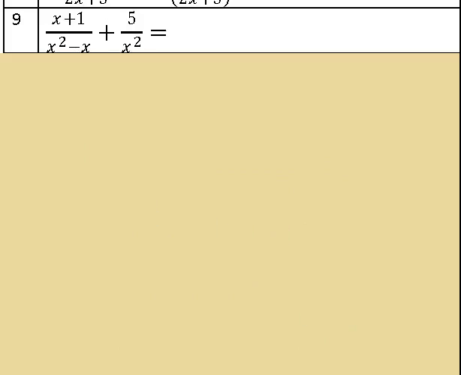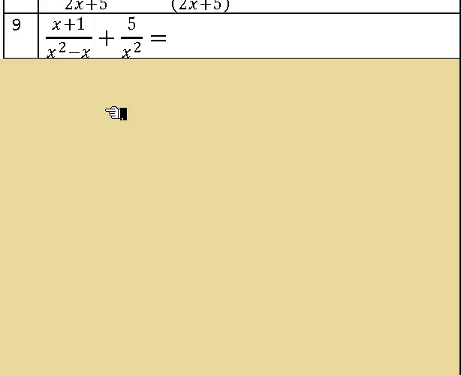In number 9, again, we want to add some fractions, and we want a common denominator. This time, we have a denominator that can factor, so before finding a common denominator, we're going to factor this denominator. This denominator is x times x minus 1. And here we have x squared. So we want a denominator that contains all the factors.